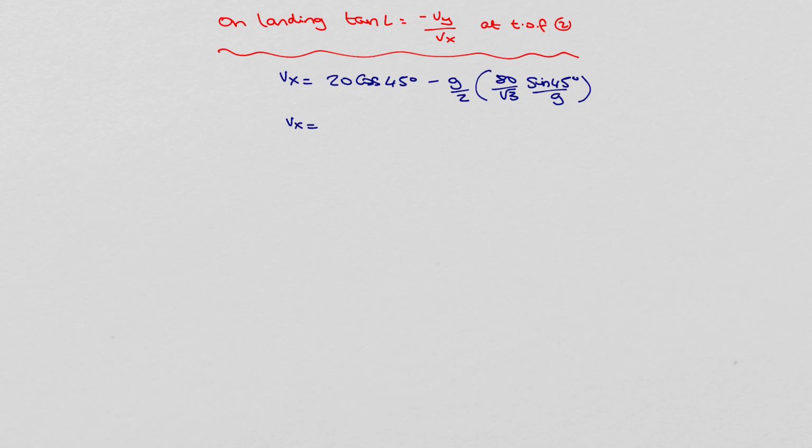Cos 45 is 1 over root 2. So we have 20 over root 2 minus sine 45, again 1 over root 2. Our g will go into g once, 2 will go into 80 40 times, and that leaves me with minus 40 over root 3 times root 2, which is root 6. That gives me a velocity of minus 2.19 meters per second.